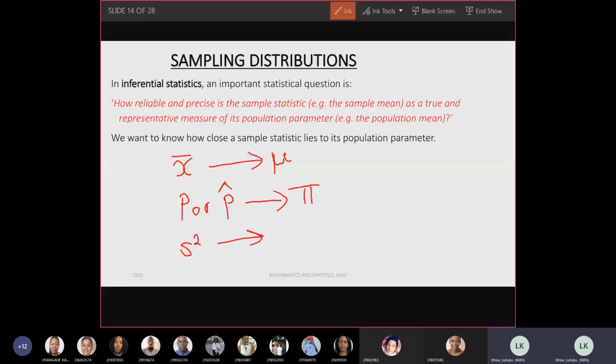This one we use to represent sigma squared. Okay, so I'm sure you've done standard deviation and the variance last semester or last year, so you know how to calculate the standard deviation or the variance. So these are the three that we will be using to estimate what is happening inside our population.